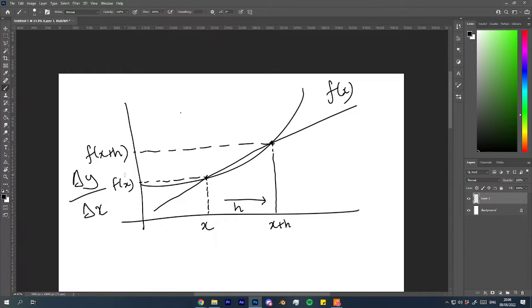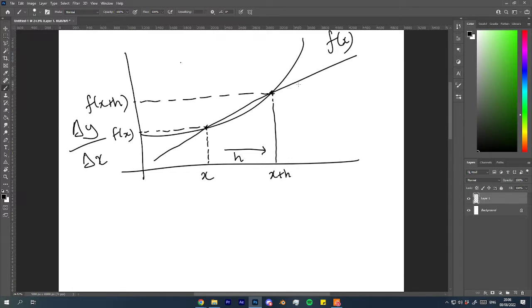Now we can apply our rules of gradient, and we can say that our change in y is really the difference here over the difference in the x-axis. I'm just going to write that down here.